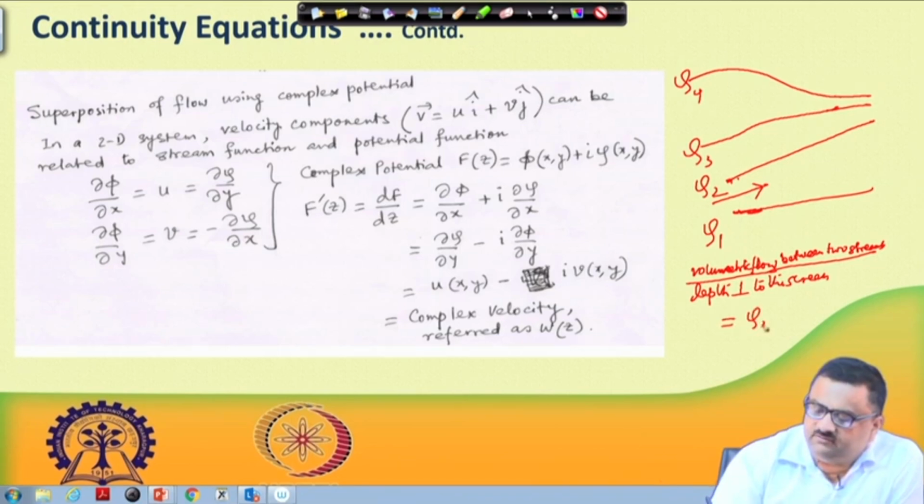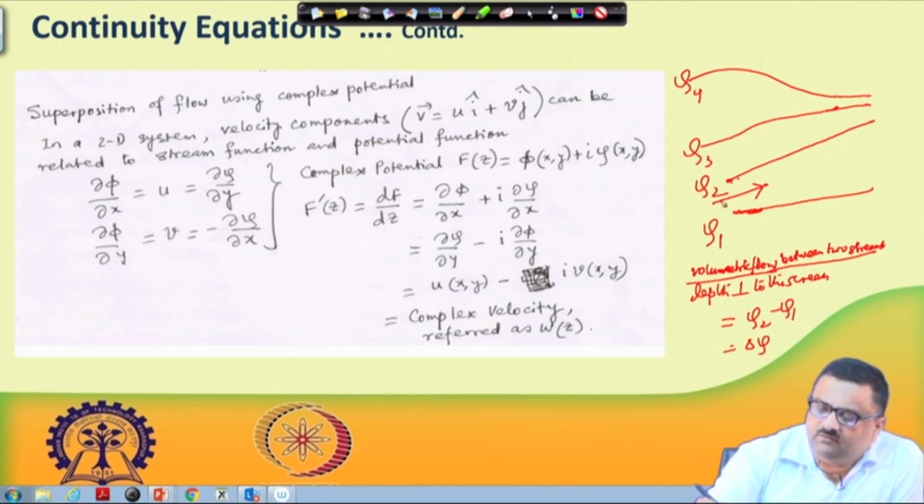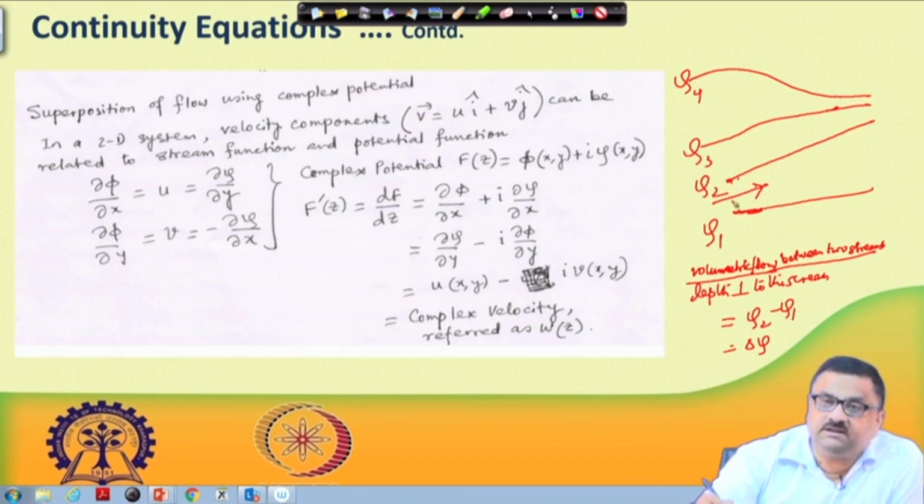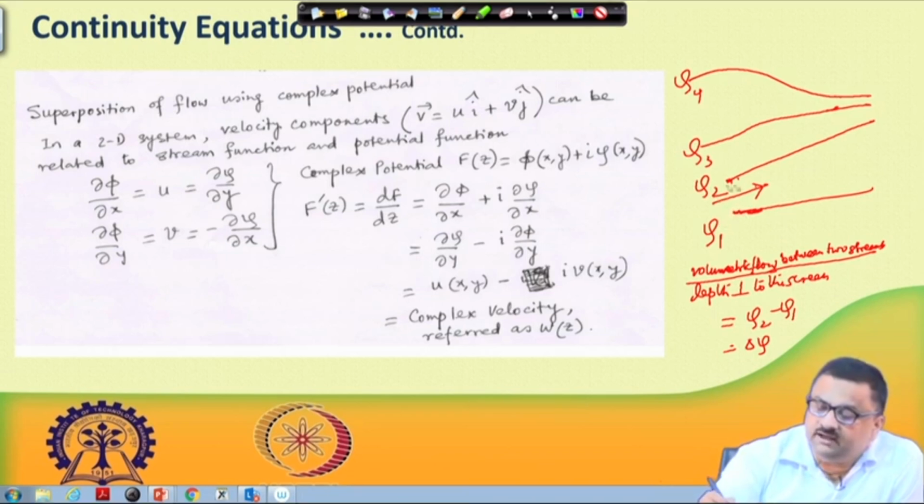That means, in this case it would be psi 2 minus psi 1, basically it is delta psi. So, the flow that is taking place between psi 2 and psi 1, that is the volumetric flow taking place per unit depth perpendicular to this screen, is equal to this difference in the stream function.